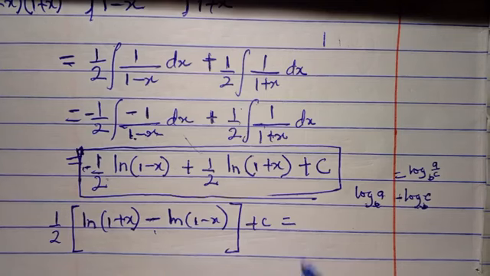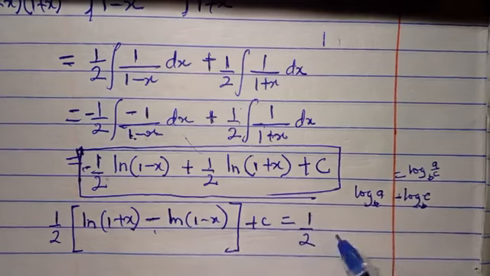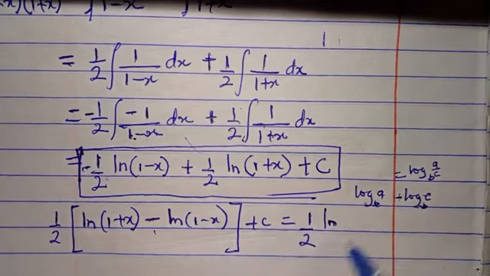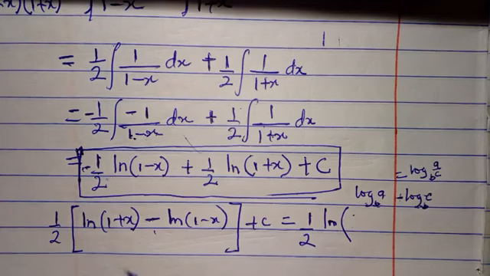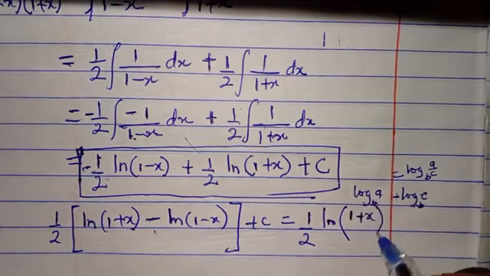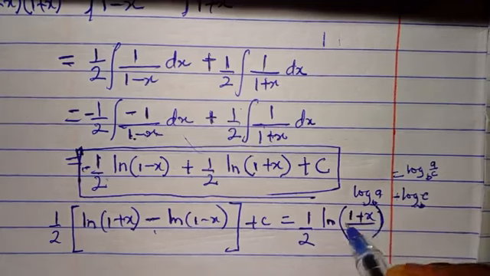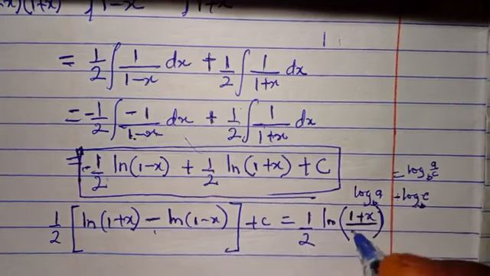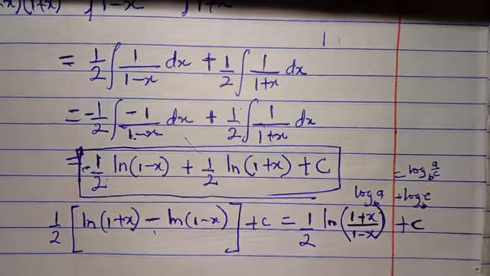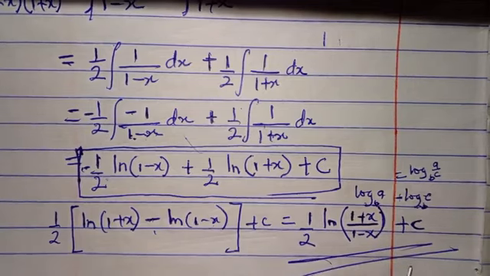On this note, this becomes 1 all over 2 into the natural logarithm of 1 plus x divided by 1 minus x plus c.